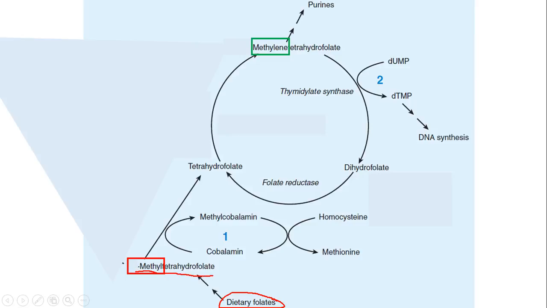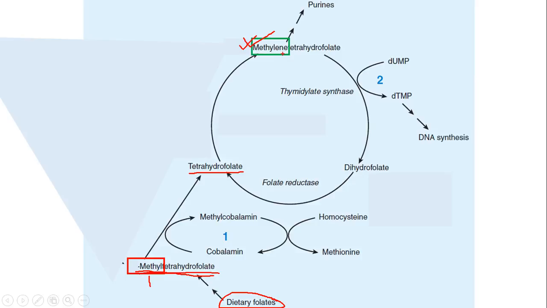We always obtain methyl tetrahydrofolate from the diet, and for the sake of DNA synthesis, this methyl is not good enough. It has to be converted into methylene. So what our body does is, it will get rid of this methyl so that it becomes tetrahydrofolate, and this tetrahydrofolate is easily converted into methylene tetrahydrofolate.